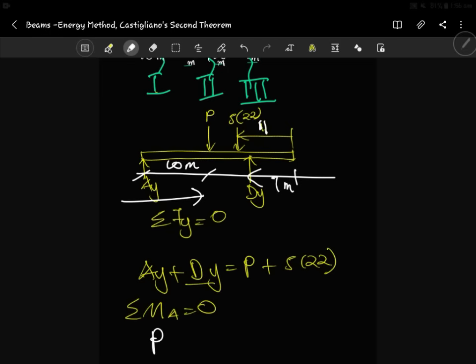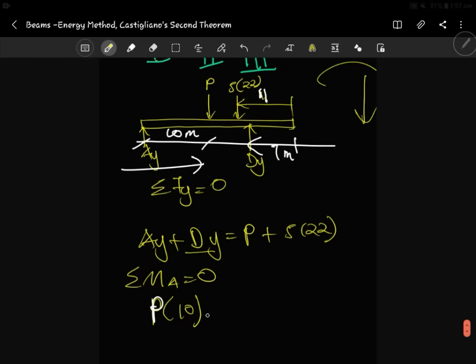P is P, right? And the distance, we are picking this convention to be this way to be positive. You can pick anyone. Just pick the one that you can work with, or stay with the convention that you choose, right? So P, the distance is 10, right? And the next one is what? We encounter the 5 times 22, which is the force on its own.